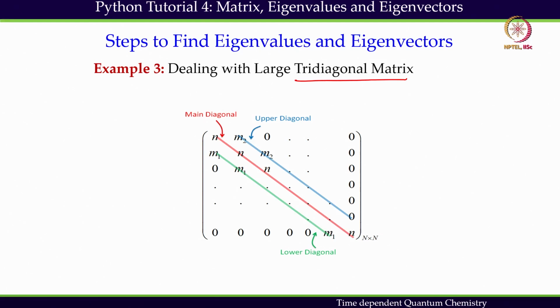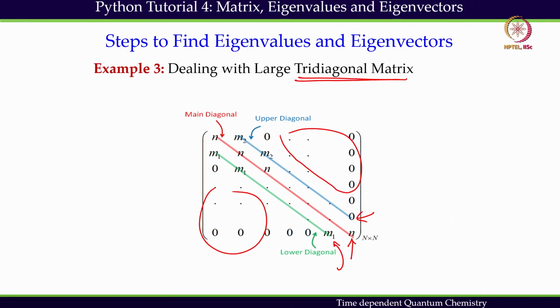If we carefully go over the elemental map, we see that most elements are actually 0, and for the tridiagonal matrix, only the diagonal elements and the upper and lower diagonal elements are non-zero. So, there are procedures one can follow to use a different storage form for this kind of large tridiagonal matrix to reduce the computational time.